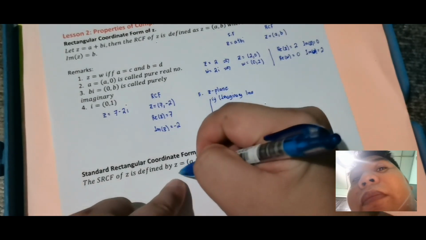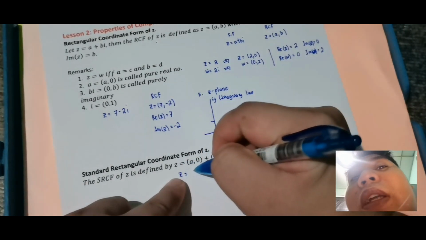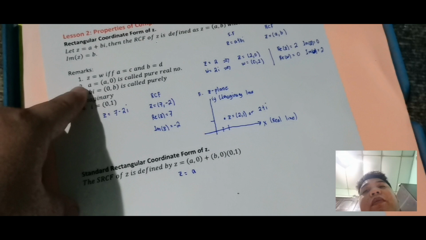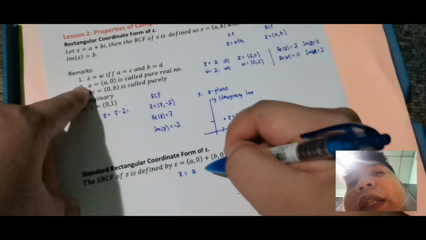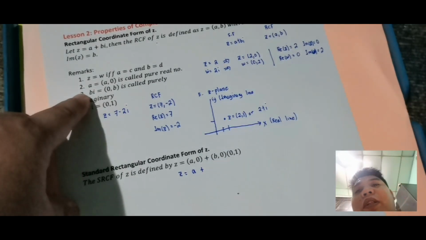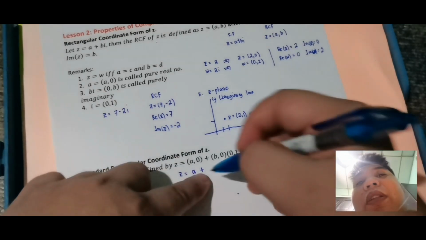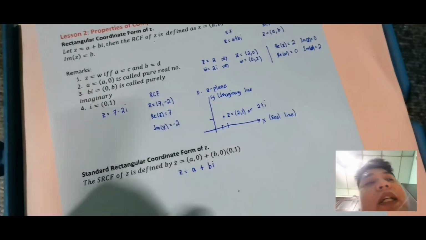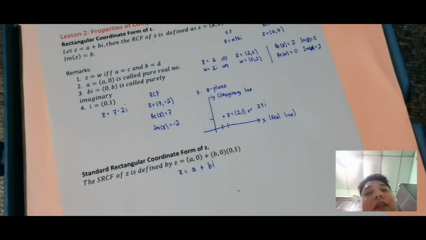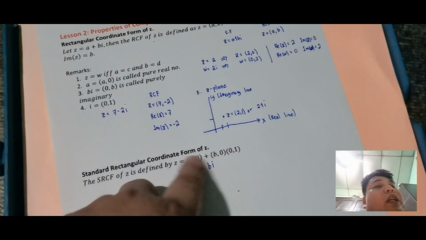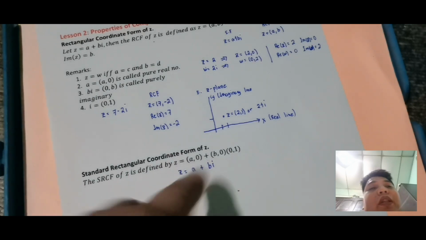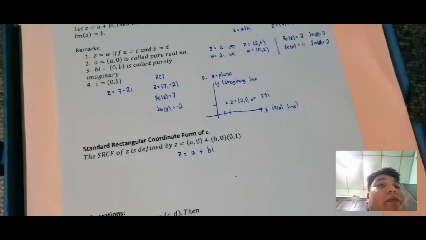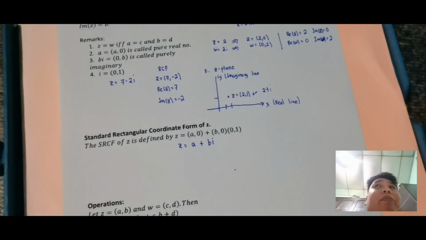So rewrite ko lang, that is z is equal to a, ayun yung a part. Okay, and then plus b, 0. Sir, 0, b yun eh. Yung b, 0, ito yung b. Okay, then yung 0, 1, ayun yung i. So kaya nga sinabi ko standard rectangular coordinate form kasi naka-standard siya in nature pero rectangular coordinate form yung kada values. Okay, so ngayon ilan na form natin?